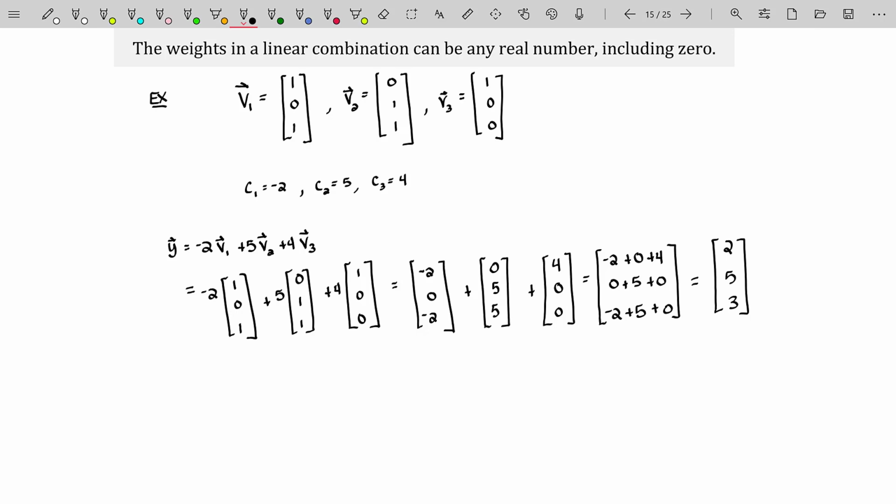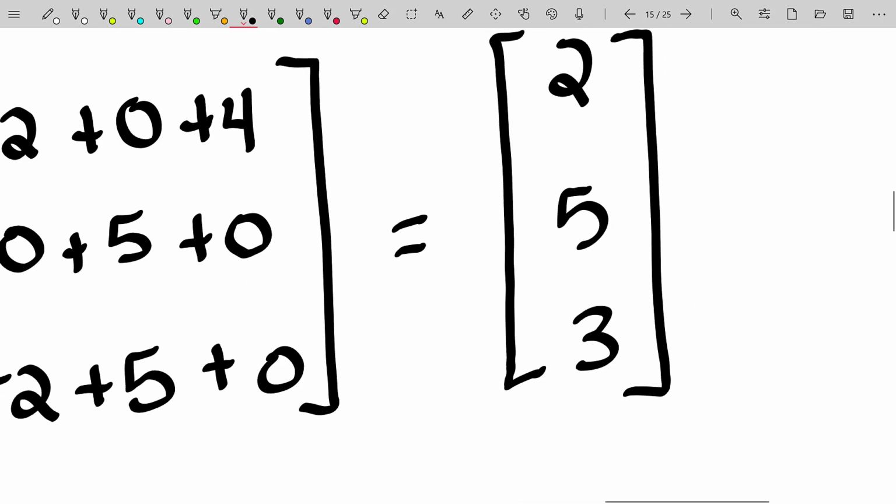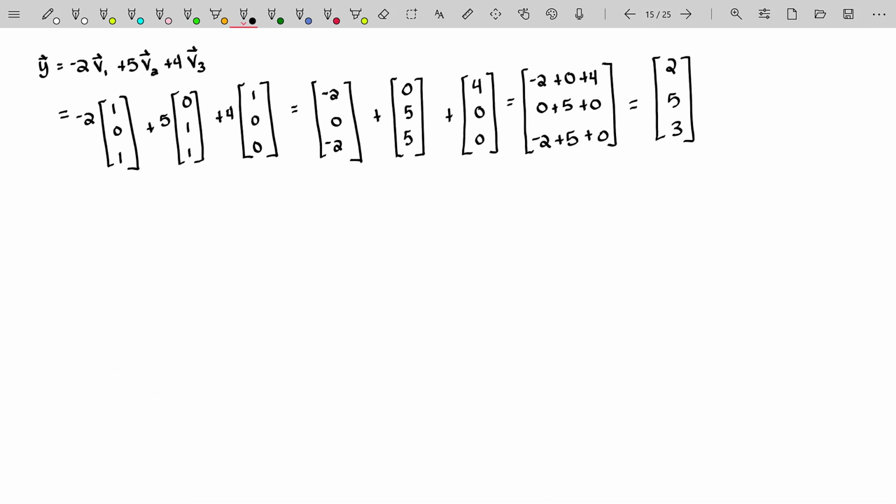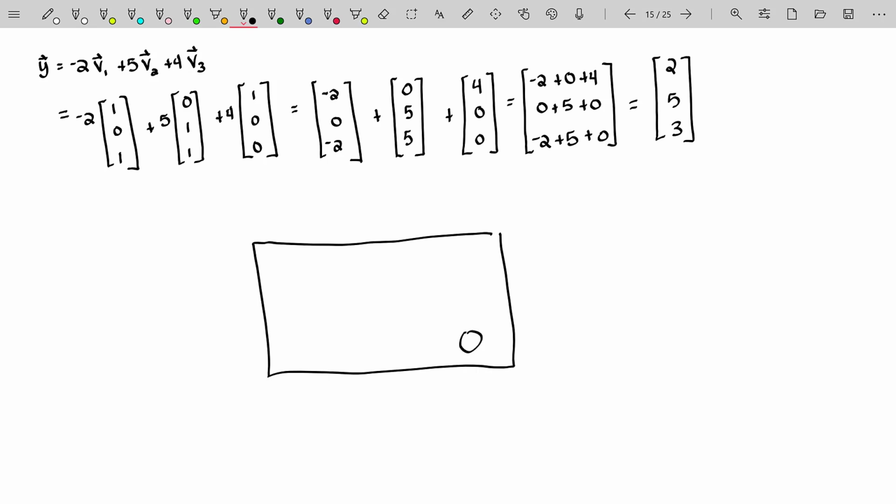I often think about creating linear combinations to target a vector as those old movies where you saw somebody at a radio and they were trying to dial in some type of frequency and they would turn these dials so that they could target the actual frequency they're trying to listen to.